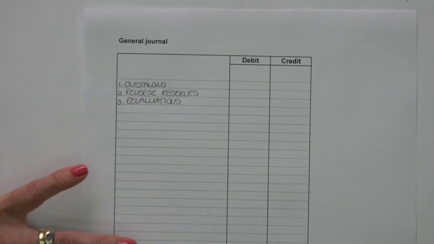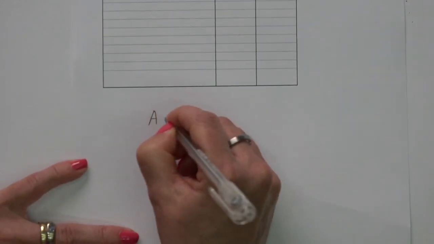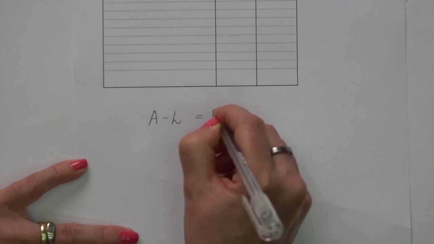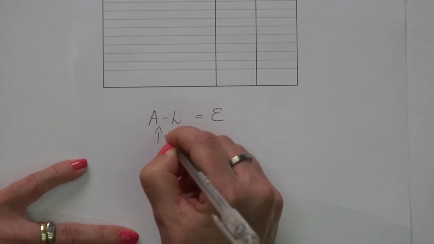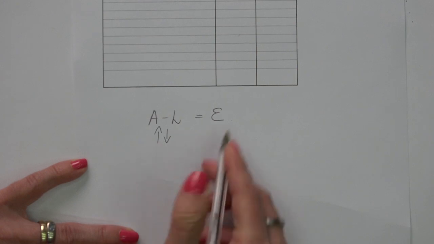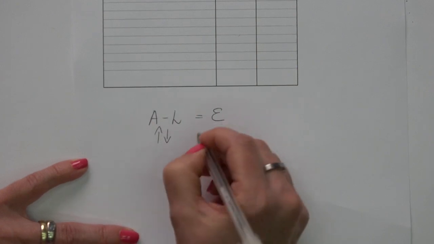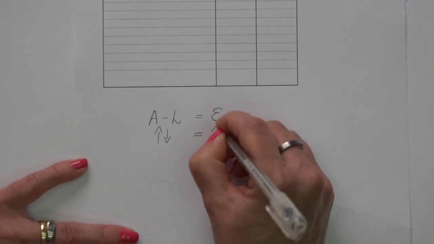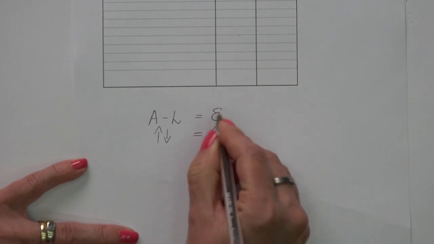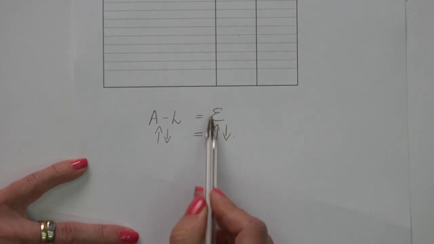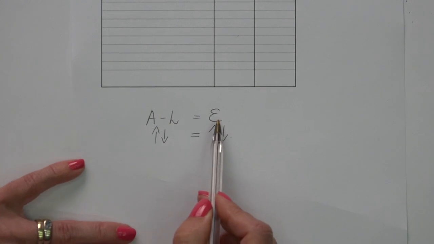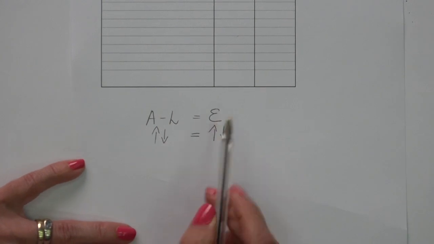Now, if you can recall the basic accounting equation, as soon as we have changes in the assets and liabilities, to keep the basic accounting equation in balance, we need a corresponding increase or decrease in an equity item. And the equity item that will be influenced in a partnership will be the capital accounts.